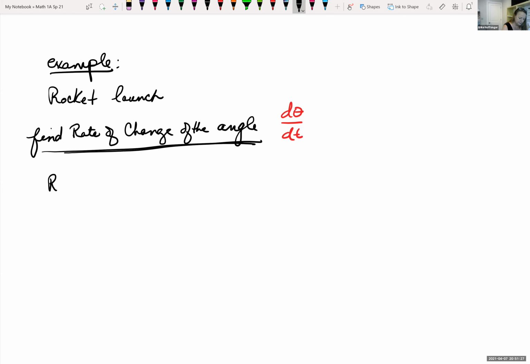So the rocket climbs at 600 feet per second.